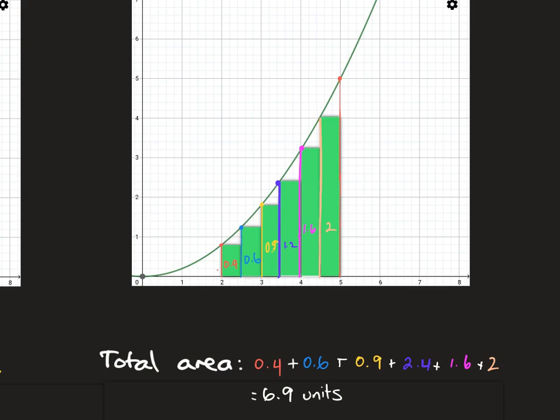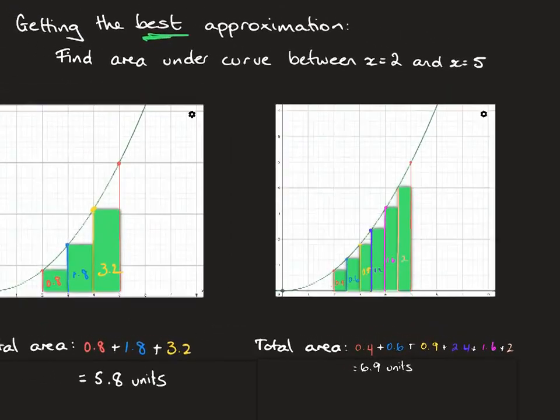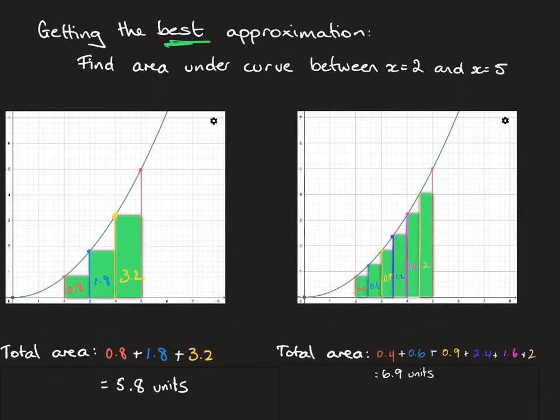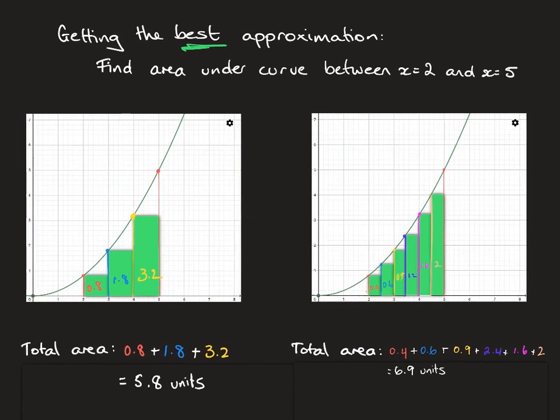And as you can see, I've had to do a lot more calculations of the areas, but the area that I end up with at the end is 6.9 units, and that is a much better approximation than the area that I had before. And so to get a more accurate approximation, we put more rectangles.